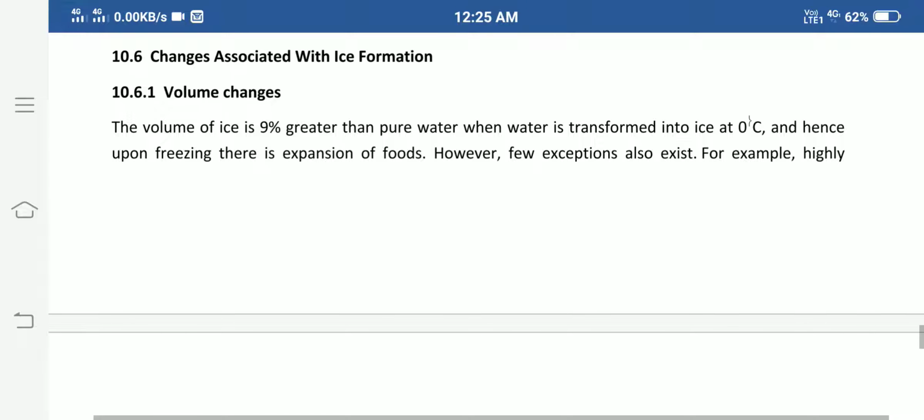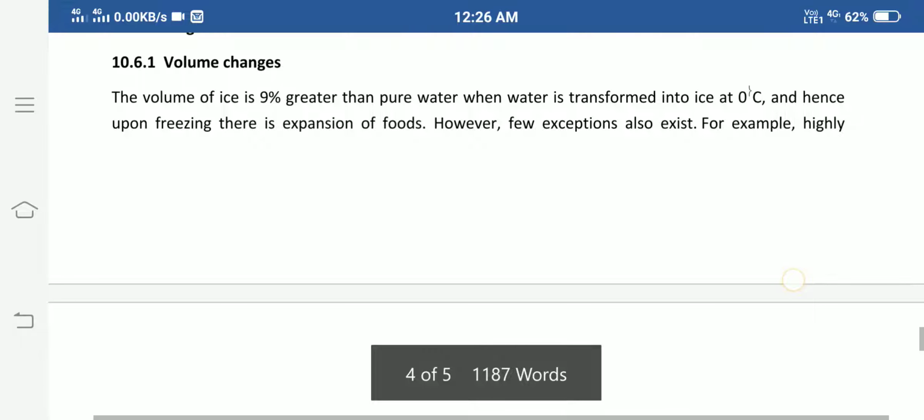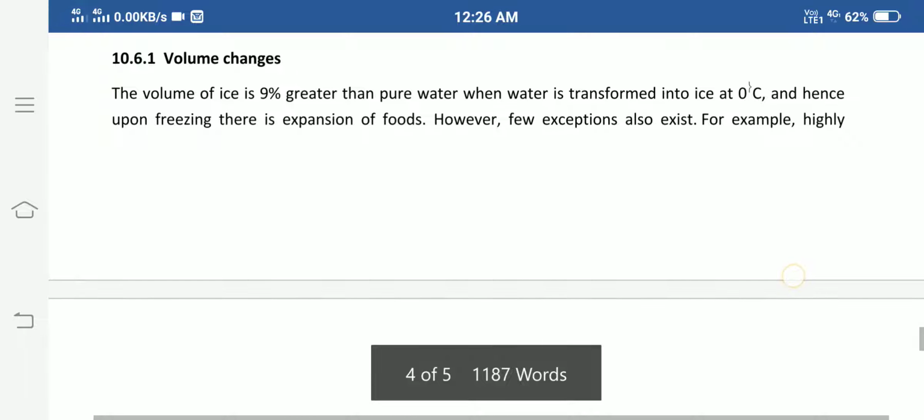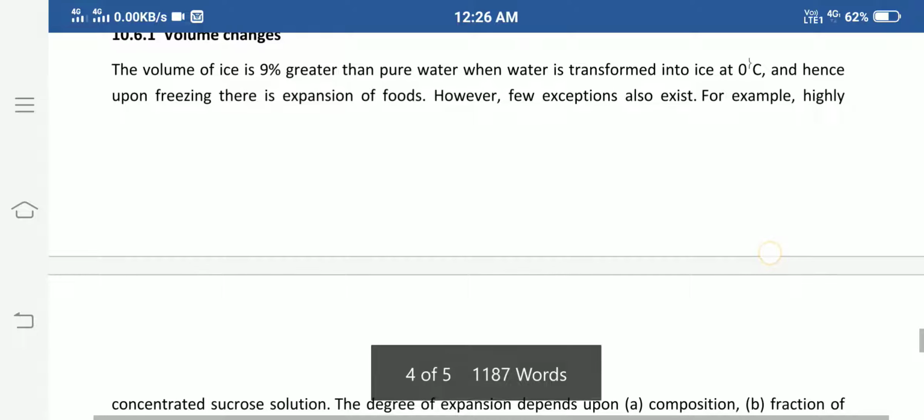Now what are the effects of ice formation? The first and very important change associated with ice formation is volume change. The volume of ice is 9% greater than pure water when water is transformed into ice at 0 degrees centigrade.